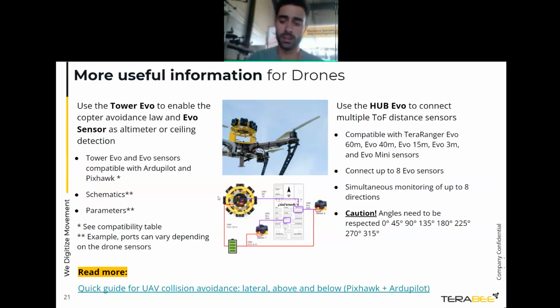You can use the Tower Evo for 360 degrees collision avoidance, and then you can use one more Evo looking down and one more Evo looking up. After this, there are no other sensors or control laws that Ardupilot allows. So there are three things: the Tower Evo and 2 sensors, one looking down and one looking up.